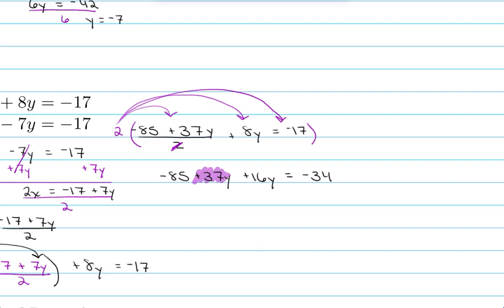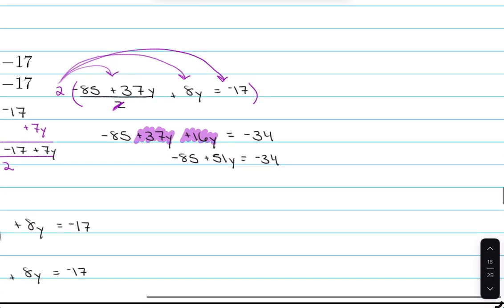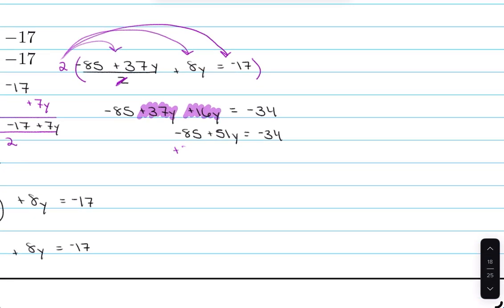So I'm going to combine the 35y and the 16y. So I end up with negative 85 plus 51y equals negative 34. I am going to add 85 to both sides.